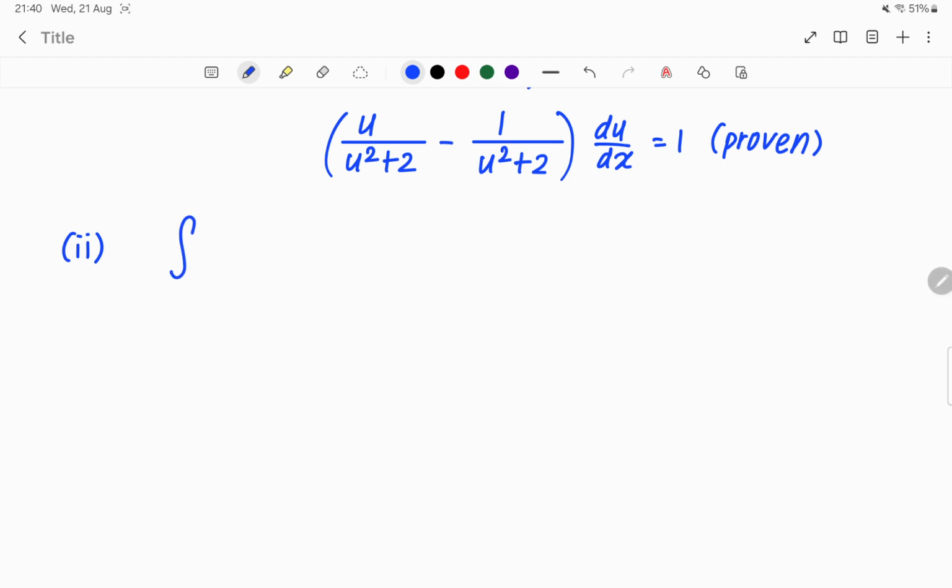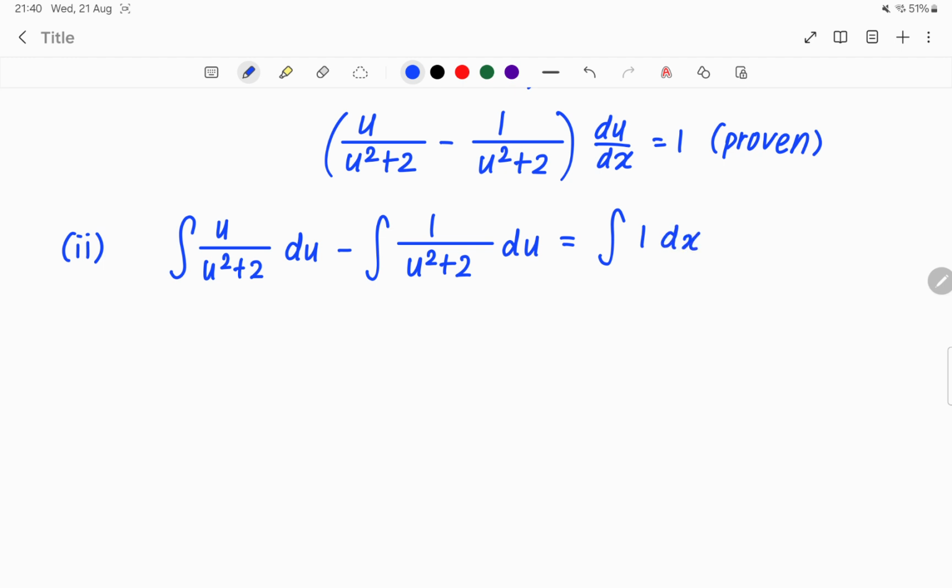So what I mean is that I'll integrate both sides with respect to x. So in the end, I'll just end up with integrating this with respect to u and integrating this with respect to u. Then on the right hand side, we are integrating with respect to x. This is what we call separable variables.